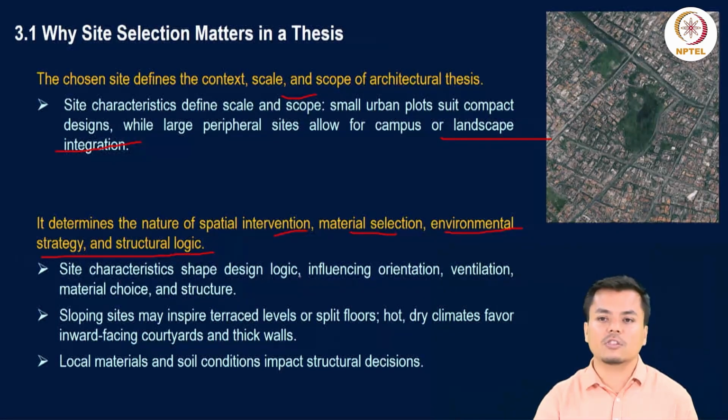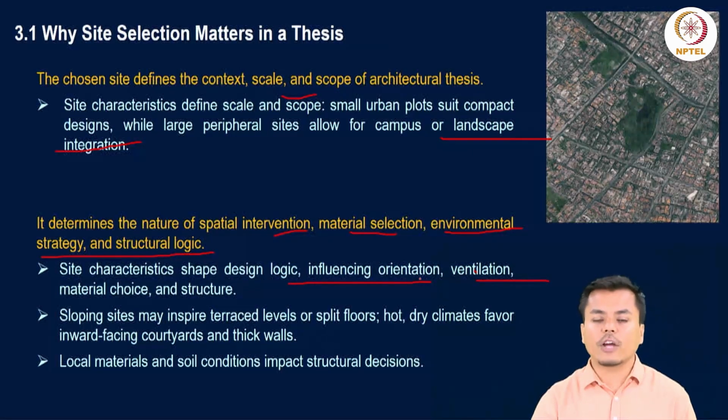Site characteristics and design logic influence the orientation, even the ventilation of the building. Orientation means that mostly we try to make the front of the building north facing, so that we can allow optimum diffuse lighting within the building through the north direction.